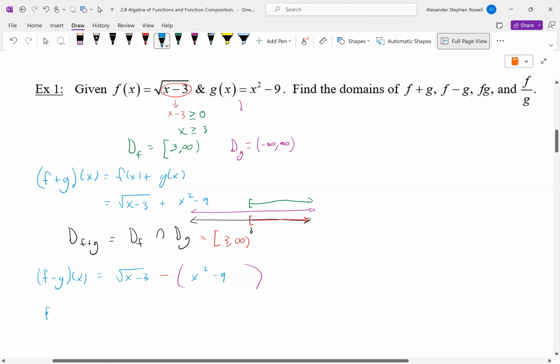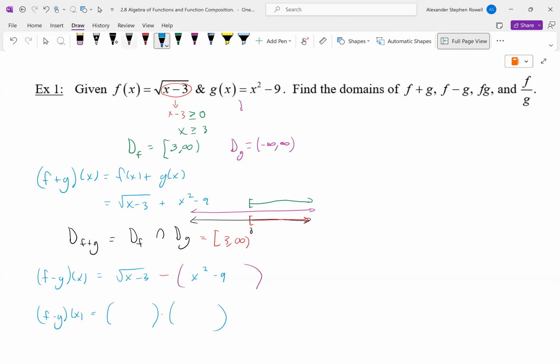Okay, what's function f times function g? It's square root of x minus 3 times x squared minus 9. And the domain of that is the intersection of the domain of f and the domain of g. So I guess I'll write those explicitly.